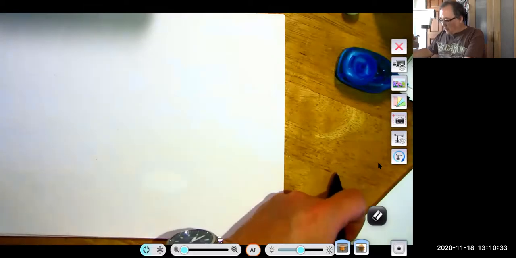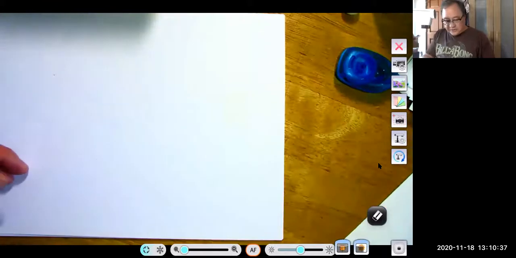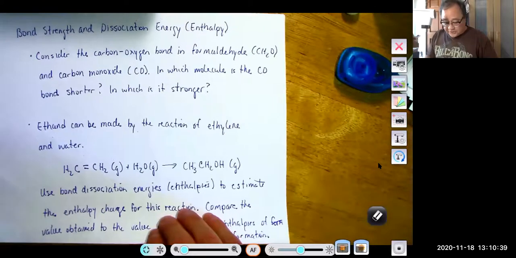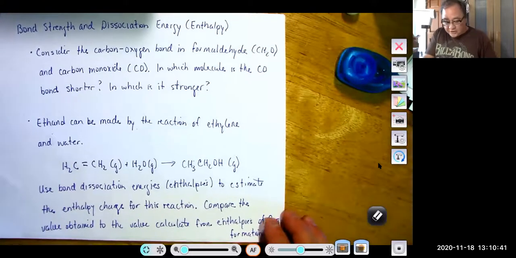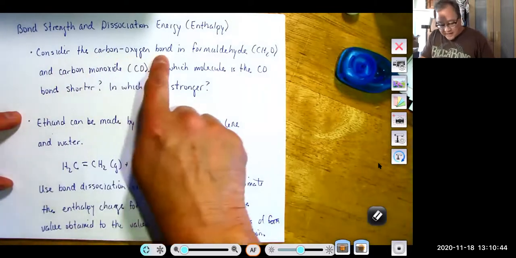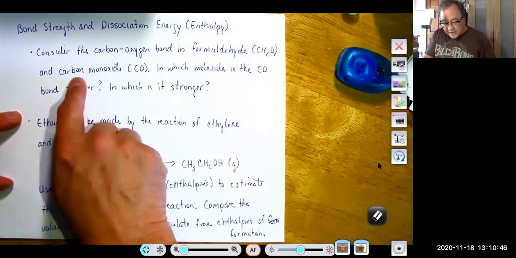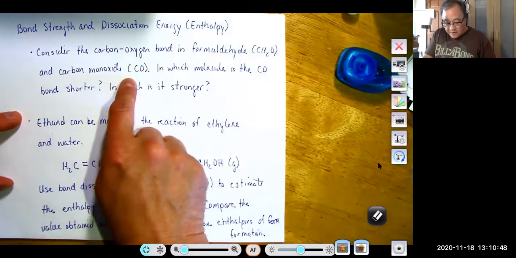Let's look at bond order and bond length. Actually, let's look at bond strength. There's 2 problems here that we can look at. So let's look at the first one. Consider the carbon-oxygen bond in formaldehyde and in carbon monoxide.